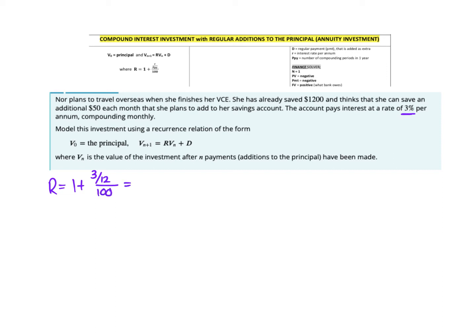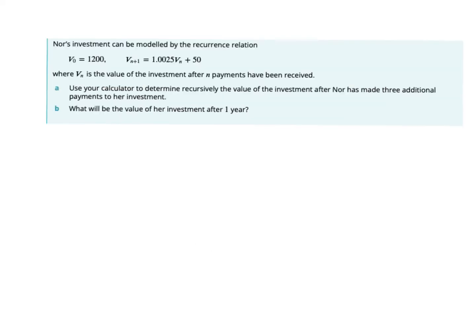So we get 1.0025 for that one. If we were writing out the recurrence relation, she still started with 1,200, and V(n+1) would be the R value times Vn, and then we add her monthly payments, which is still 50. So Nor's investment can be modelled using this.